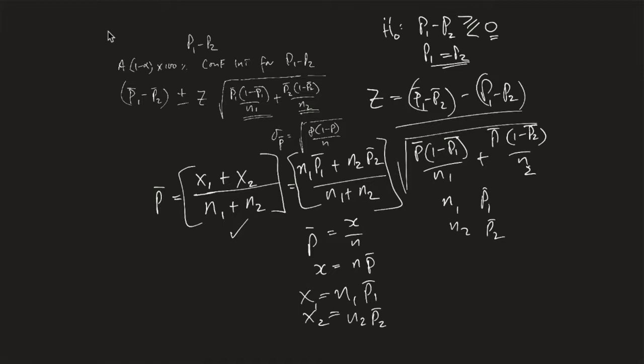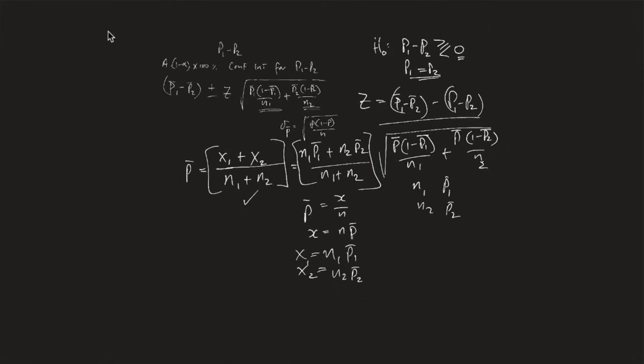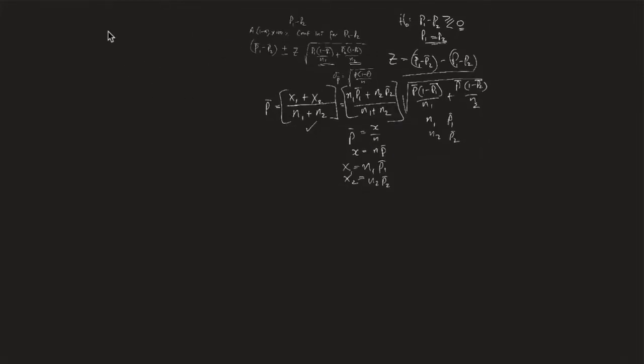So we have the test statistic when in the null hypothesis, we assume the population proportions are the same. We have another situation, and you will notice that there are two test statistics when it comes to proportions.